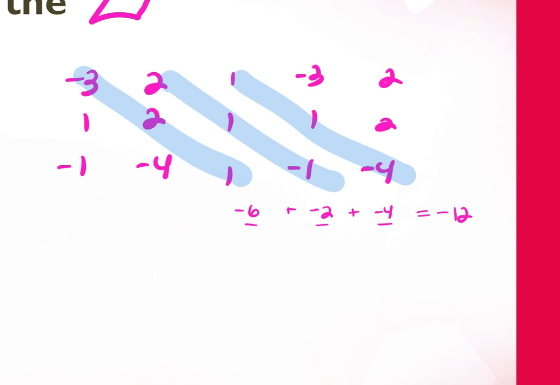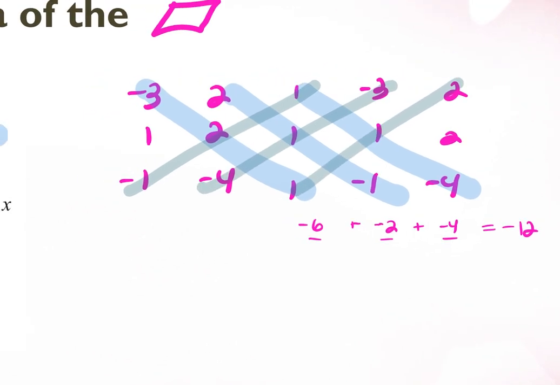Then I want to go back the other direction. Negative 1 times 2 times 1, negative 2. Negative 4 times 1 times negative 3, positive 12. 1 times 1 times 2, positive 2. Negative 2 and positive 2 cancel, and I just get 12.